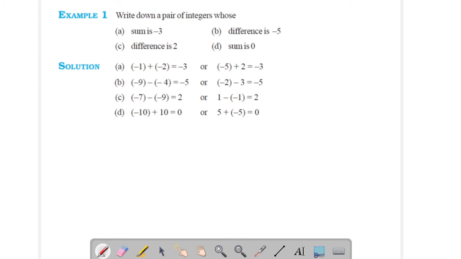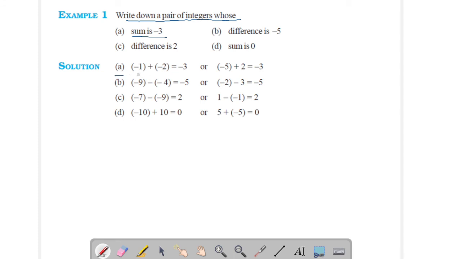Now come to example 1. Write down a pair of integers whose sum is minus 3. So, solution, A part.